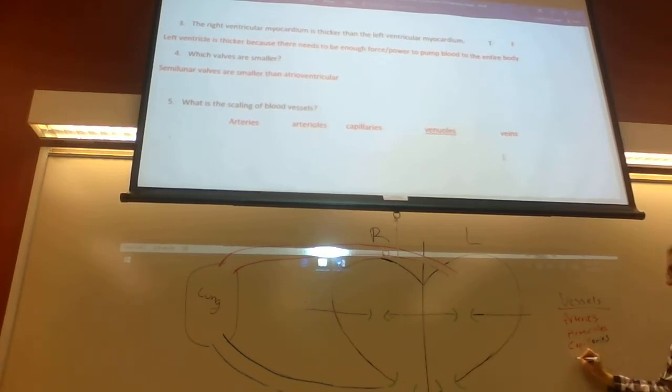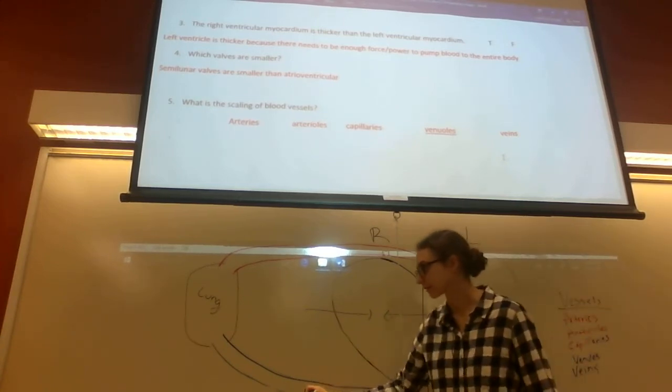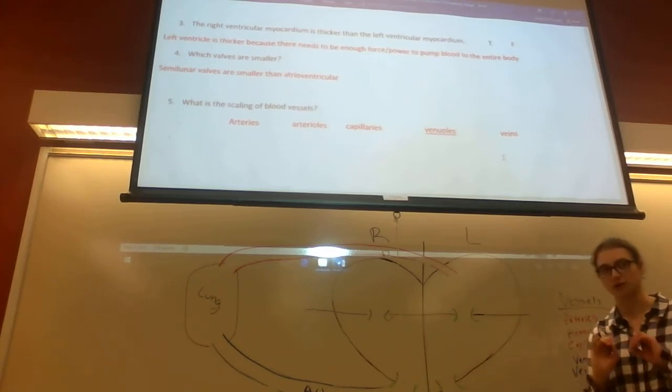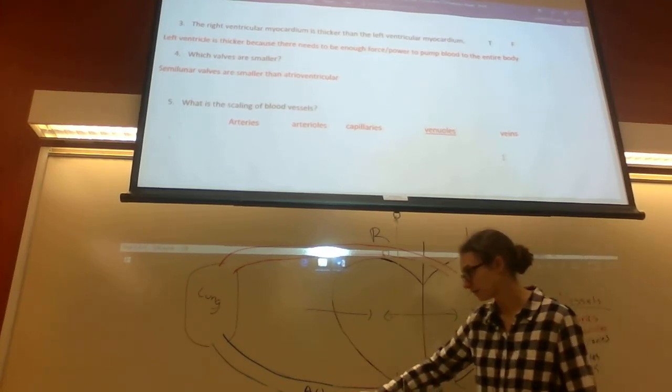And then from your capillaries, you have venules, which are like small veins, and then veins, which are just regular sized. This color coding is all inside your systemic circuit, but just know that the pulmonary artery is an artery. Even though it's deoxygenated, arteries go away from the heart.